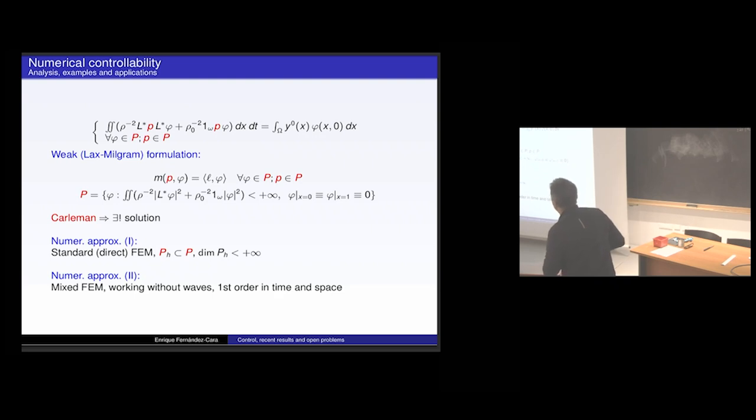This is a Lax-Milgram problem, in fact. You have here a bilinear form in p and phi, and a linear form in phi, so it can be written this way.